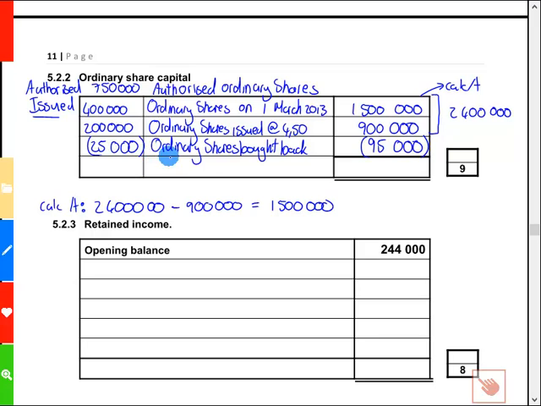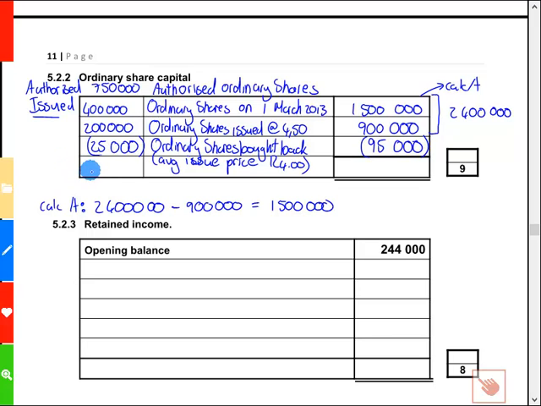And we can write in brackets here, average issue price is 4 Rand. It was bought back at 3 Rand 80 per share, but the average issue price was 4 Rand. There's not enough space in this particular answer book, but that doesn't matter.